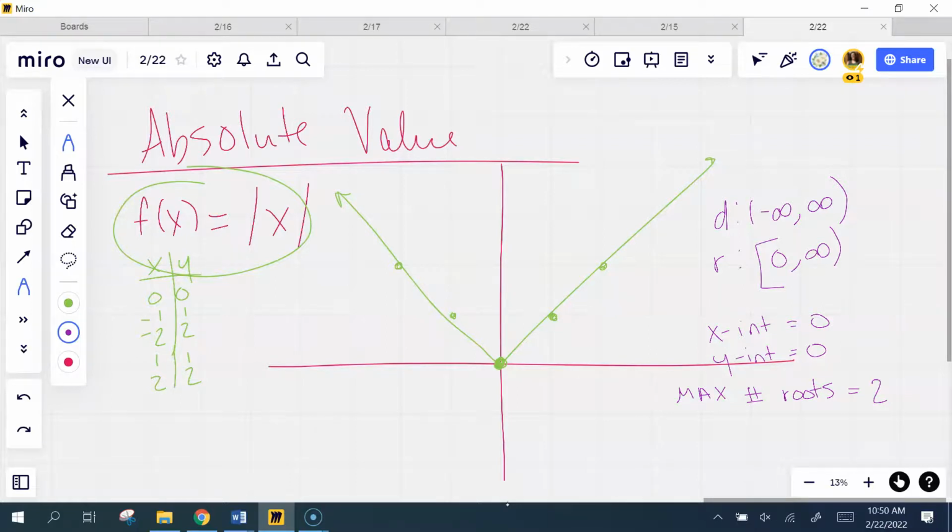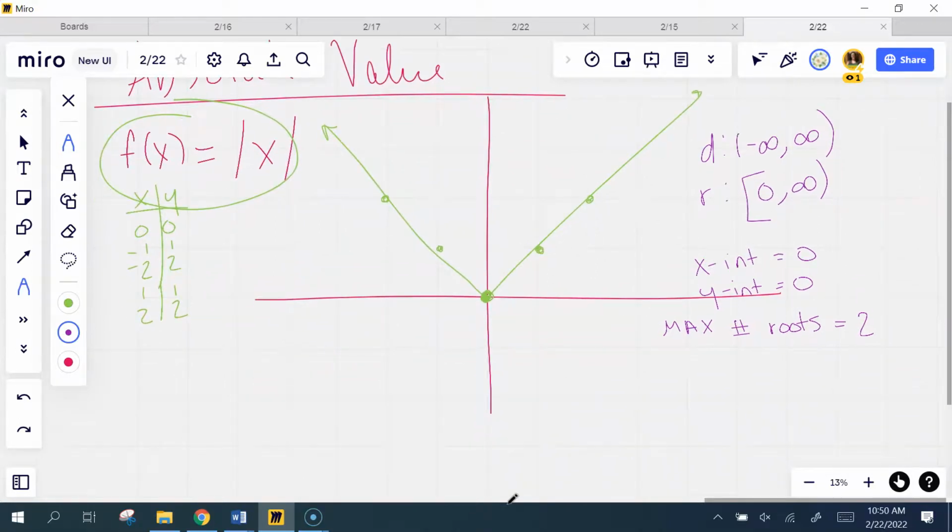Now the end behavior. So you've got it started there for you. As x approaches infinity, I'm looking at which side? The right. What does the graph do? It goes up.